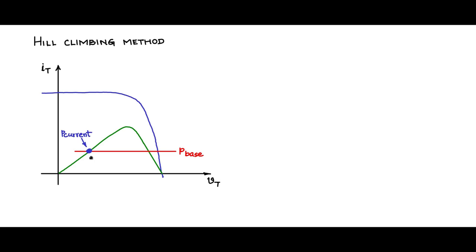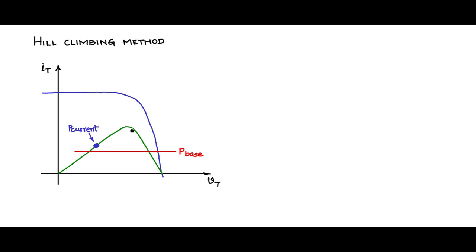The moment it encounters the P base line, there is a toggle effect. The duty cycle now starts moving in a direction such that the operating point moves to the right. So the duty cycle will reverse. The operating power point will start moving to the right.